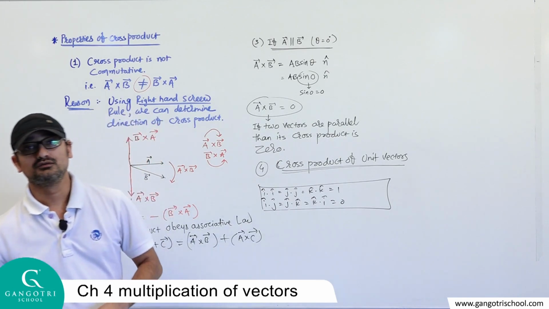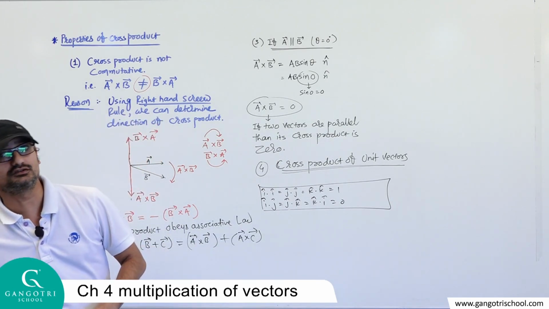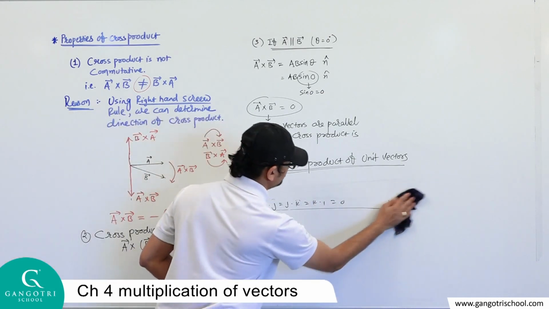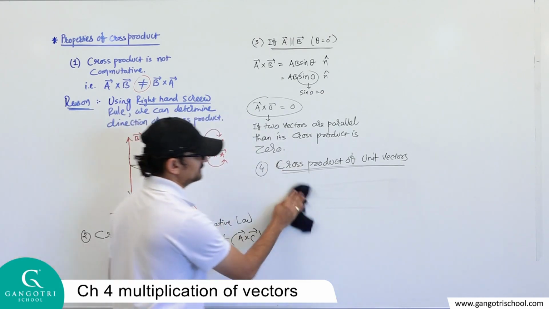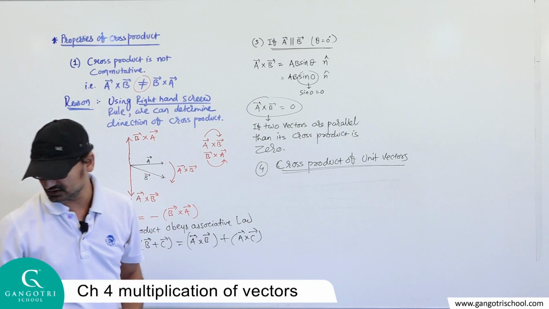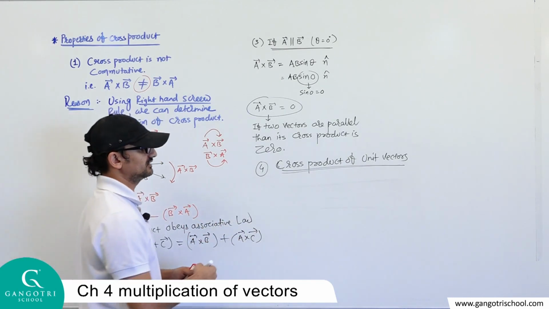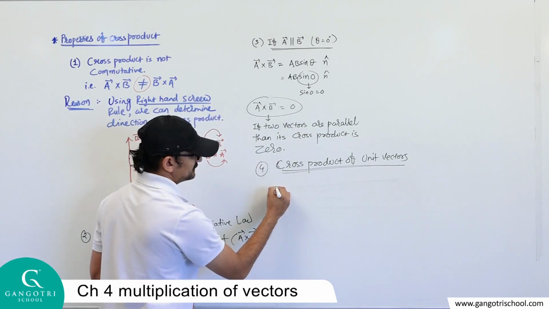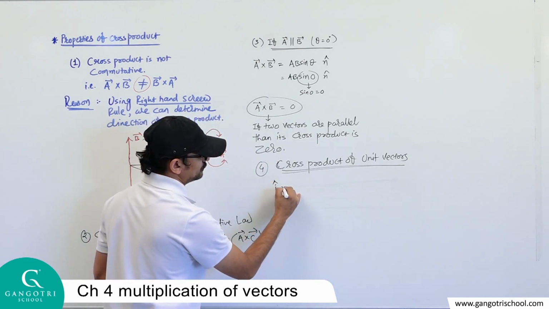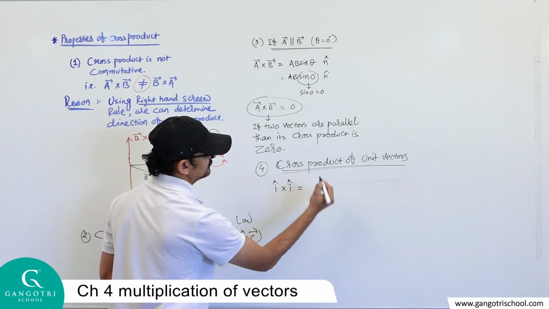But this time we would like to understand the properties of the cross product of unit vectors. So first of all, let's decide: i caret cross i caret equals what?